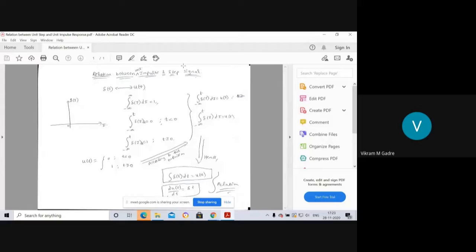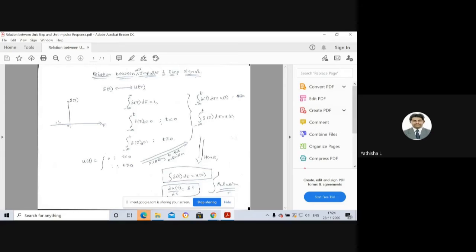This is the relation between the unit impulse and the unit step signal, where the unit impulse is represented as delta of t and the unit step signal as u of t. First we go through the unit impulse. I take delta of tau with limits from minus infinity to plus infinity. This is one of the waveforms.